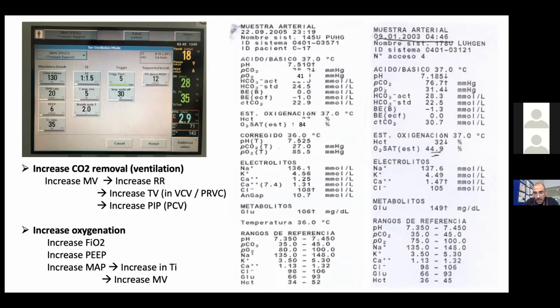And you can increase the tidal volume by increasing the pressure if you are in pressure control ventilation. If you want to increase oxygenation because your patient is not well oxygenated, you have to increase the FiO2 and you have to increase your mean airway pressure, basically by increasing the PIP. There is also a strategy of increasing the inspiratory time, and that will increase your oxygenation as well.